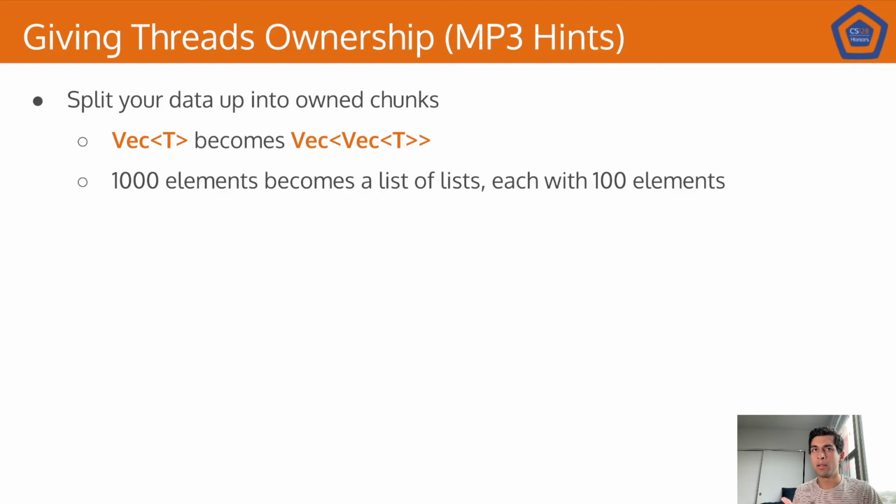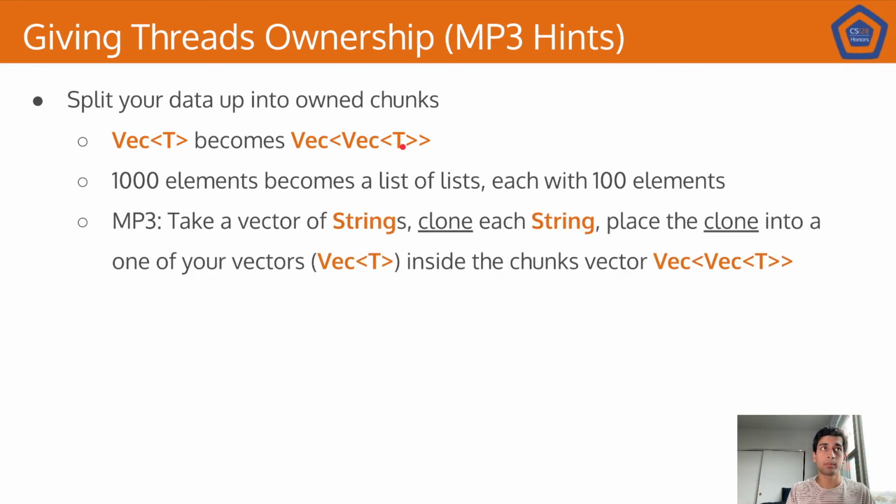So each thread works on a portion of your original data, but you're creating an owned copy. This is not a reference. It's a deep copy. It's a clone. So you're giving each thread some owned copy to work with. Okay. MP3, you're going to take a vector of strings, clone each string, and place the clone into one of your subvectors inside the outer chunks vector.